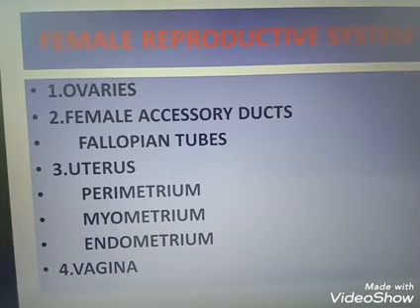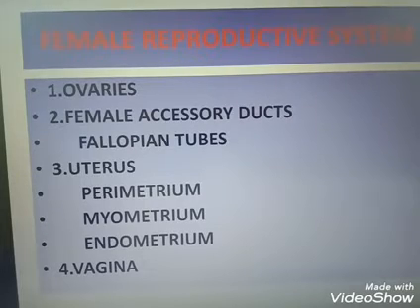Clear? So the primary sex organ in female is the ovary. It is paired. Ovaries are located in the upper pelvic cavity. Each ovary is about 2 to 4 cm in length and is connected to the pelvic wall and the uterus by ligaments.